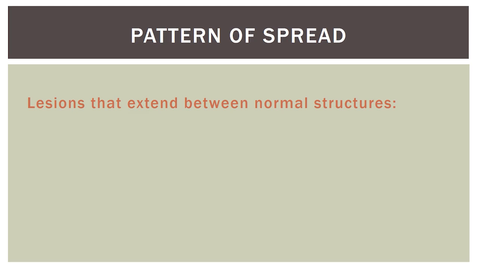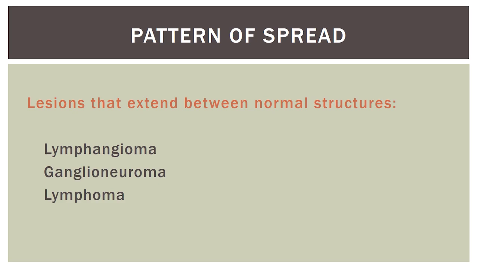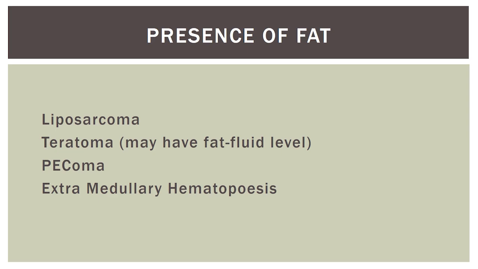If the lesion is extending between normal structures without invasion, think lymphangioma, ganglioneuroma, lymphoma, or neurofibroma. If the lesion has fat, think liposarcoma, teratoma, which can have fat fluid level, PEComa, extramedullary hematopoiesis.